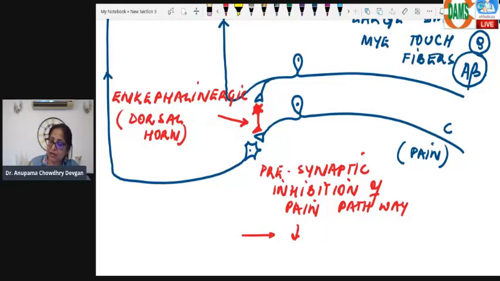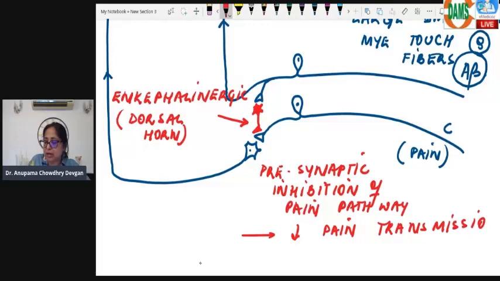Please remember, it cannot completely abolish the pain, but it will decrease the pain transmission.